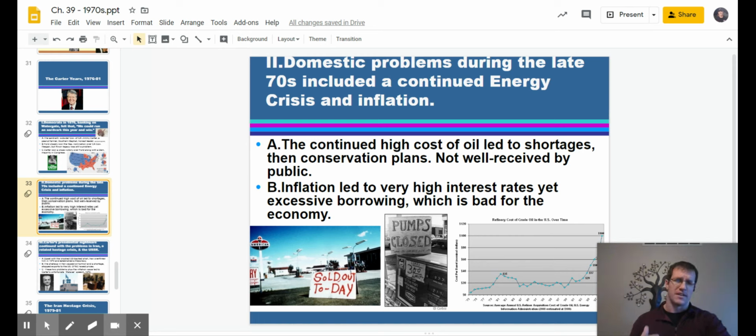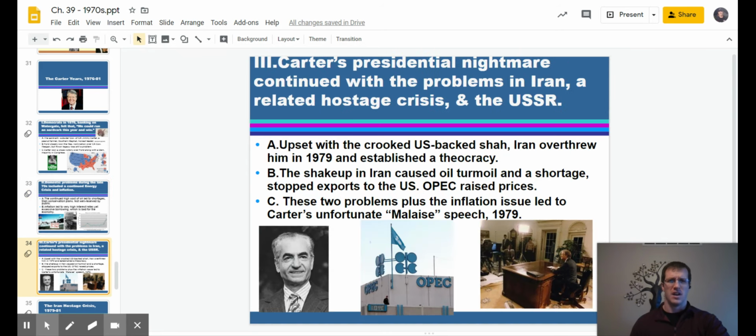So there's a lot of domestic economic turmoil as Carter takes office and really through his time in office. Carter, a very principled guy, doesn't really take a stand and doesn't have any effective policies during this age.